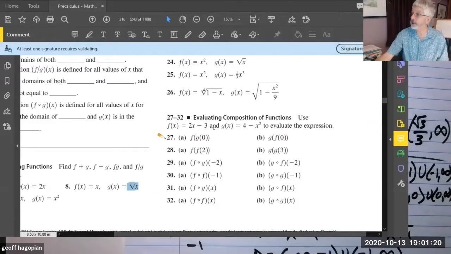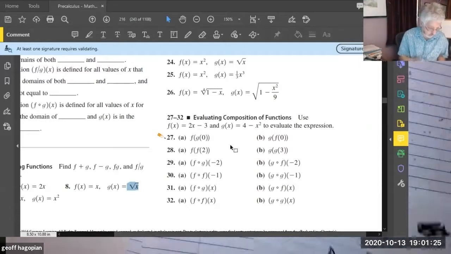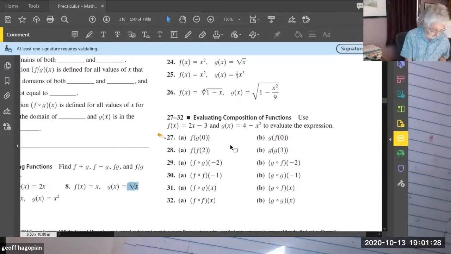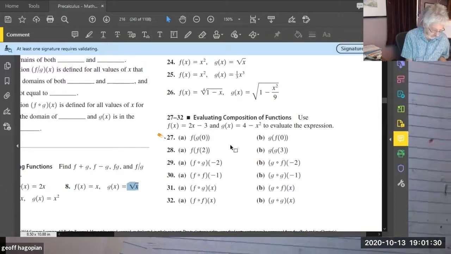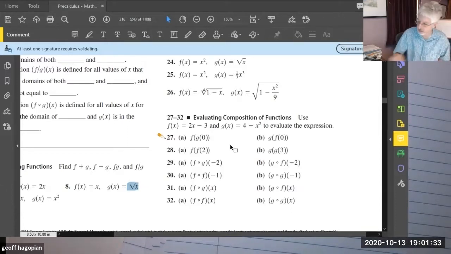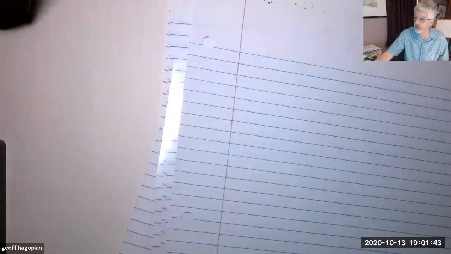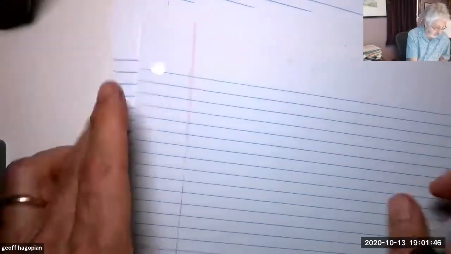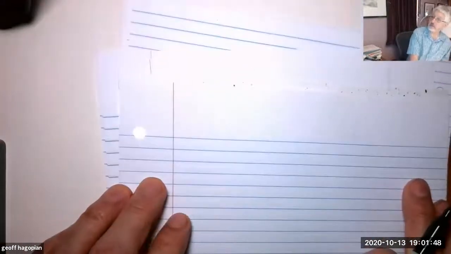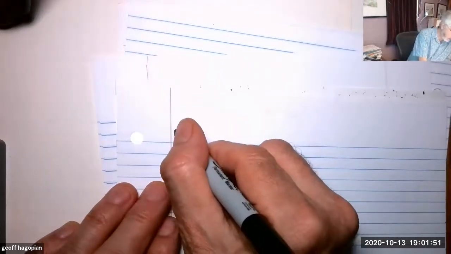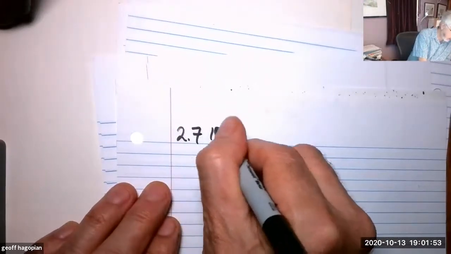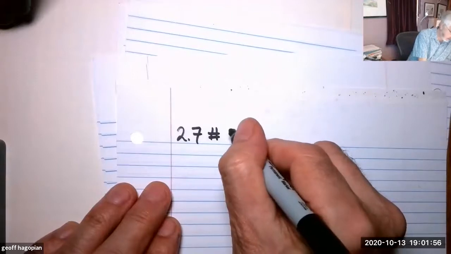So here are two functions. We got a linear and a quadratic, and we want to form the compositions. So let's just do that in general, and then we'll see about these particular values. Let's say this is 2.7, numbers 27 through 32.